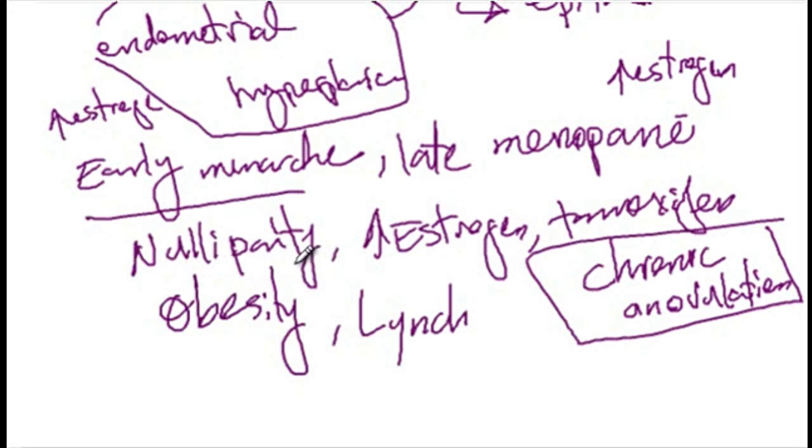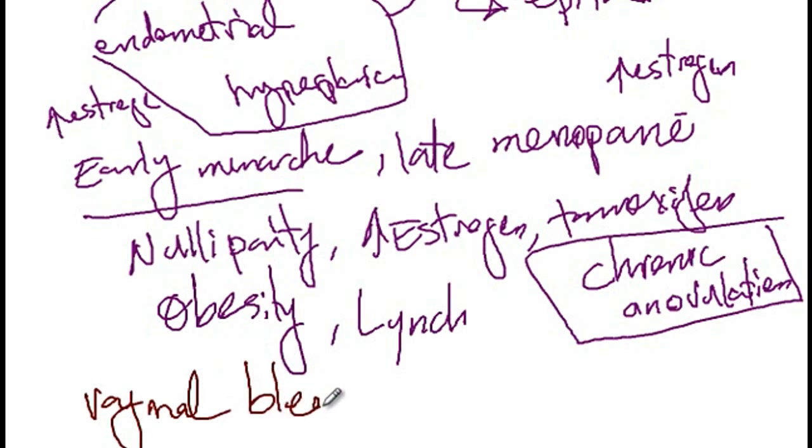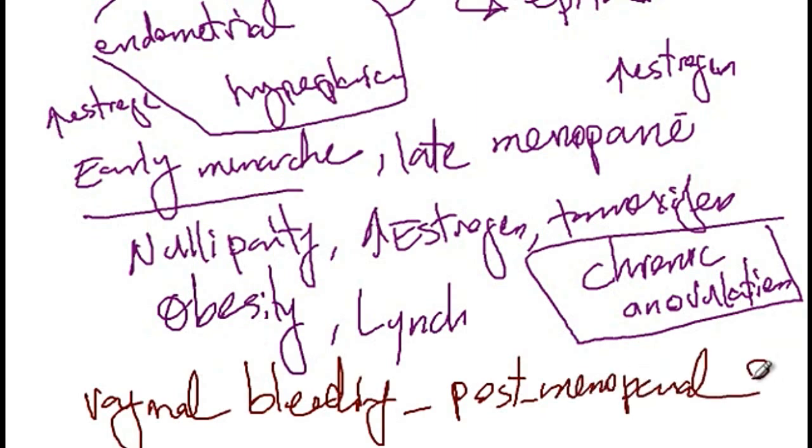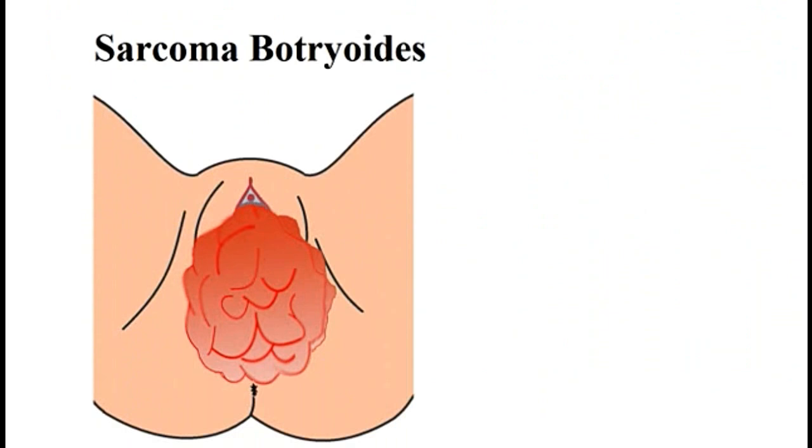So nulliparity is another risk factor for the development of endometrial carcinoma. And for the presentation, these patients usually present with vaginal bleeding in a postmenopausal female. So now we are done with the discussion of the ovarian and uterine disorders.